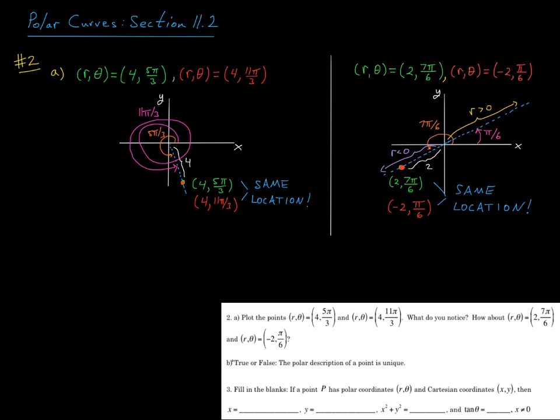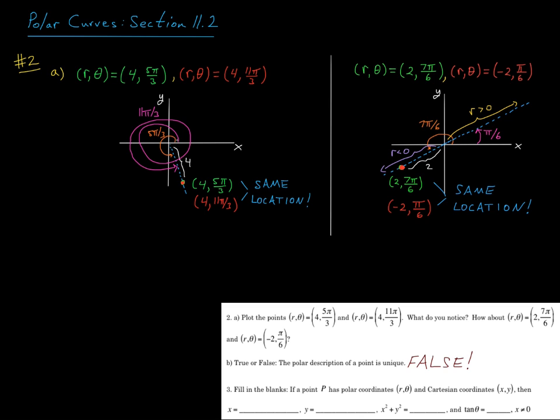Okay, so now looking at question 2, part B, it says true or false, the polar description of a point is unique. Well, really the big point of this whole problem is to show that this is in fact false. Due to the periodic nature of how we measure angles in standard form, we can represent the same location in more than one way.